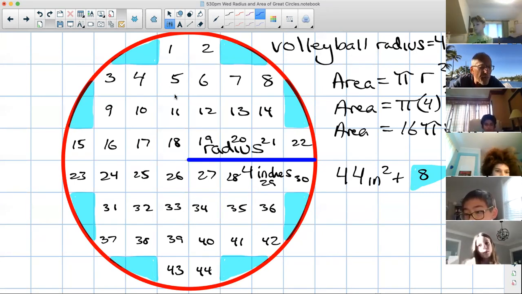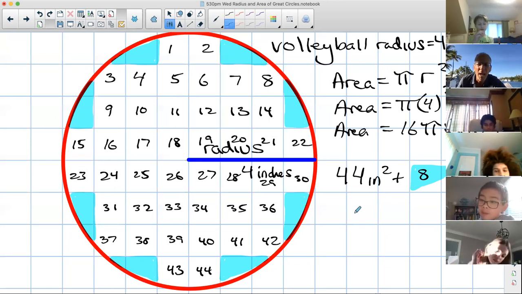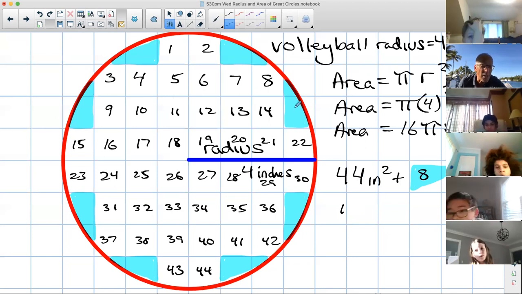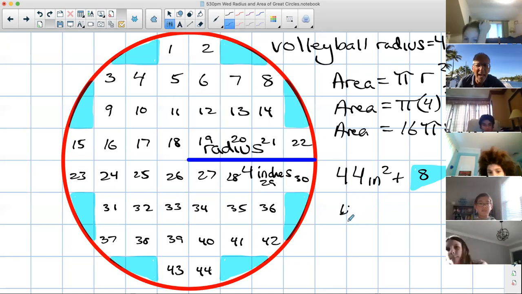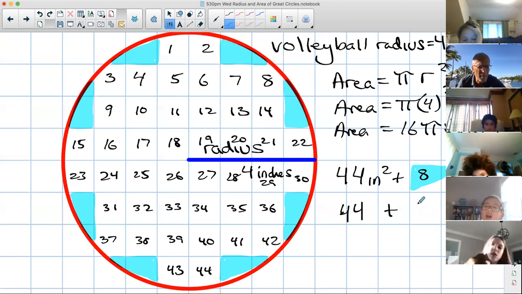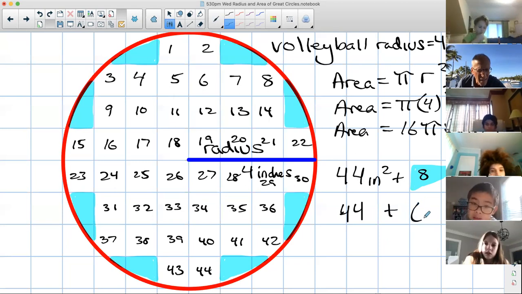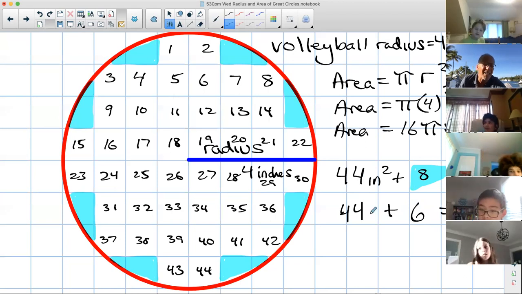Now, I got 44 of them, which means that the 8 blue sections must represent approximately what? A whole. How many wholes? Approximately 6 wholes, because 44 plus 6 is 50.